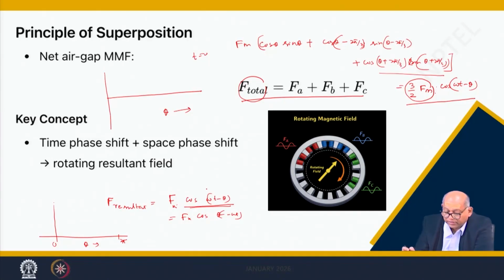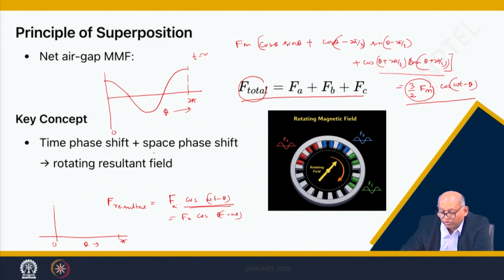So let me plot it somewhere here. It goes from 0 to twice pi, and again it will repeat. This is at t equal to 0.